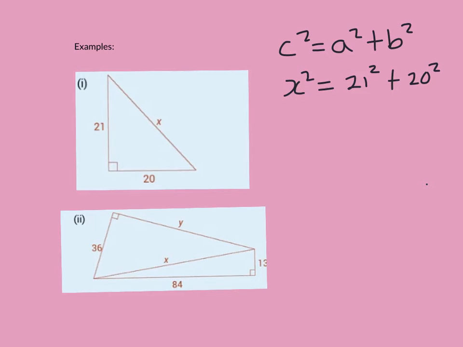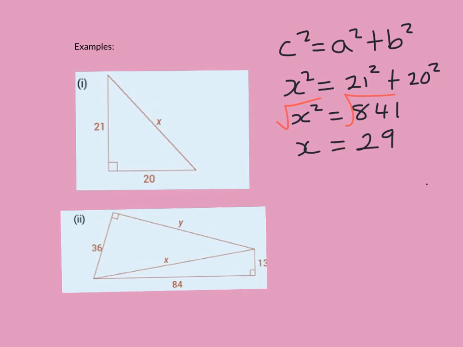And when I pop that into my calculator, I get that x squared is equal to 841. And then you'll remember that to find x by itself, I need to square root both sides. So I'll get x is equal to the square root of 841, which is 29.